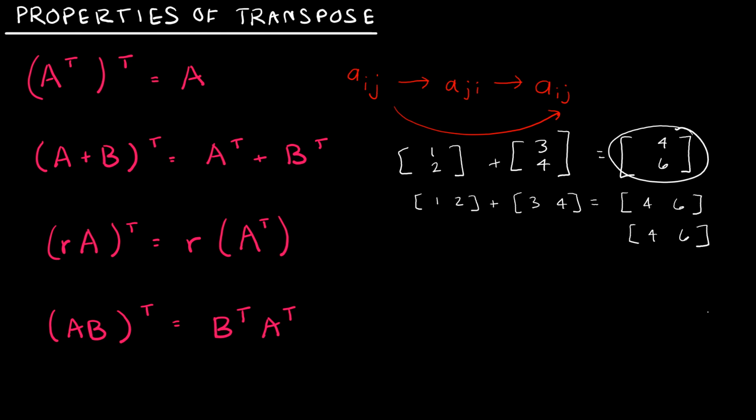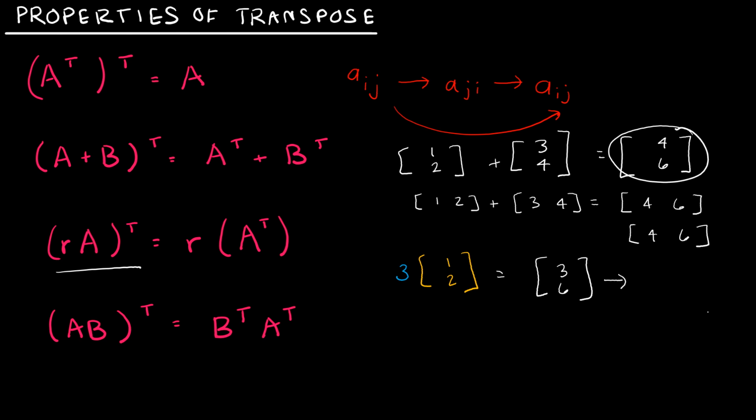The next property says if you have a scalar times a matrix and then you take the transpose, it's the same as taking the transpose and then multiplying by the scalar. So for instance, I've got my 1, 2. Let's say I've got a scalar of 3. So this is saying I can take 3 times A, which would give me 3, 6.